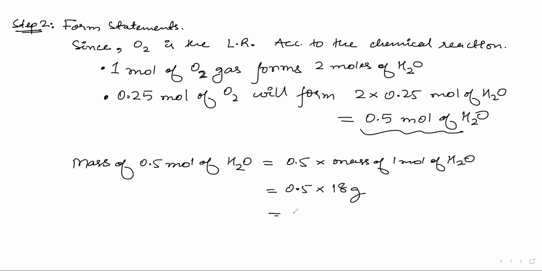So this will be 0.5 into 18, which is equal to 9 grams. Please tell me if you have any doubts in the statements or the last point. That is the answer here. If no, please say no doubt. No doubt, sir. Okay, thank you.